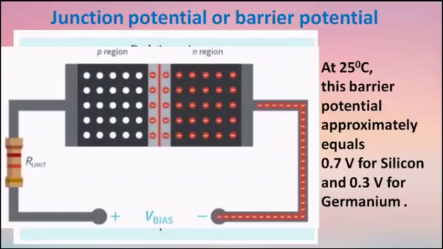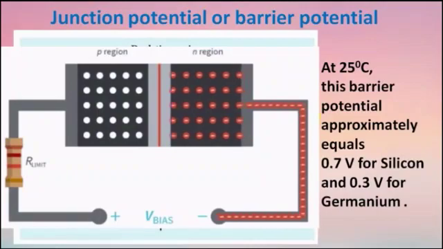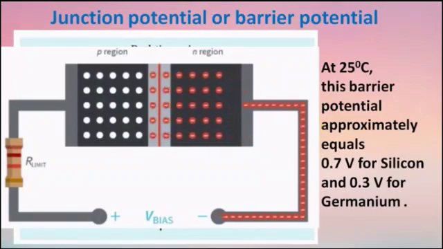Therefore, when an electron tries to diffuse into the depletion region, it encounters the negative wall of ions, repelling it backward. If the free electron has maximum energy, it can break through the wall and enter the P region, where it can recombine with the holes and create another negative ion.